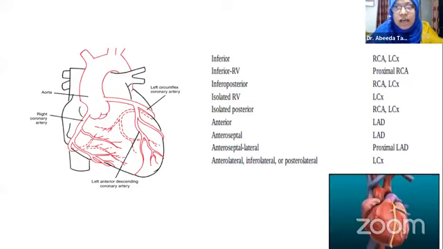So as in the slide, if there is involvement of the inferior wall, we think it is most probably RCA or LCX, and depending on other involvements such as RV or inferior posterior, we localize. And in cases of anterior wall myocardial infarction, we always think about LAD.